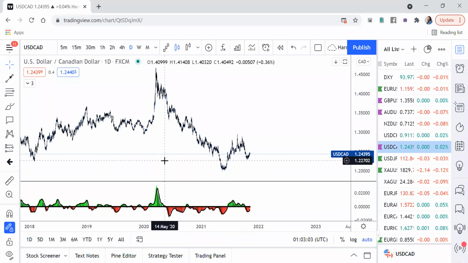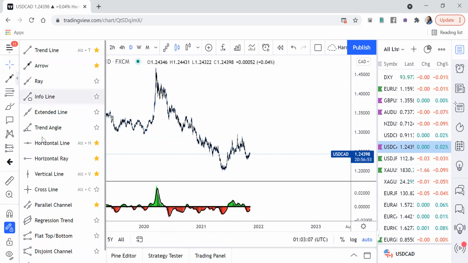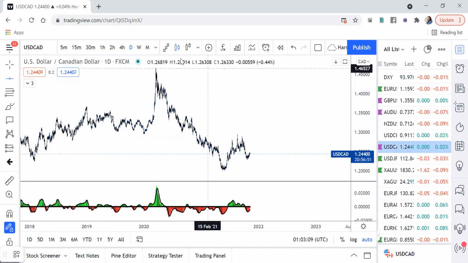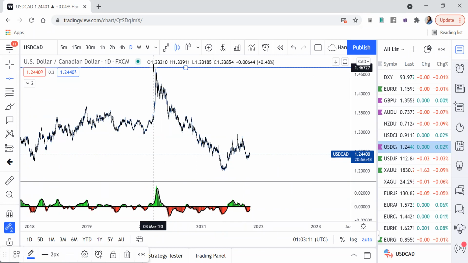Okay, so let's get some structure, right? Okay, so I have a daily high here. I have a daily low here, right?